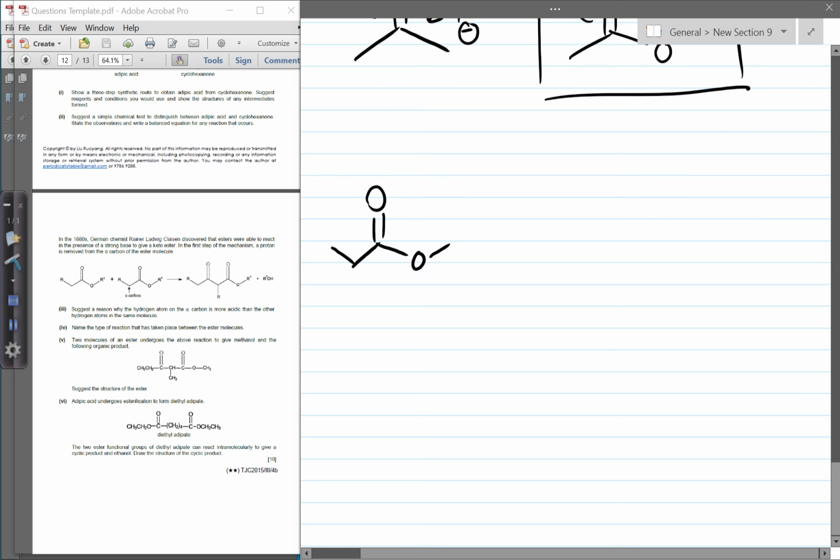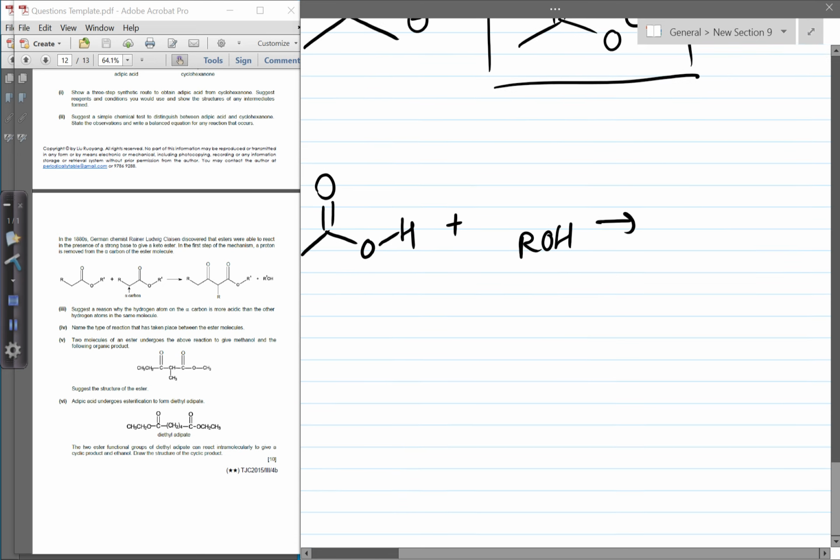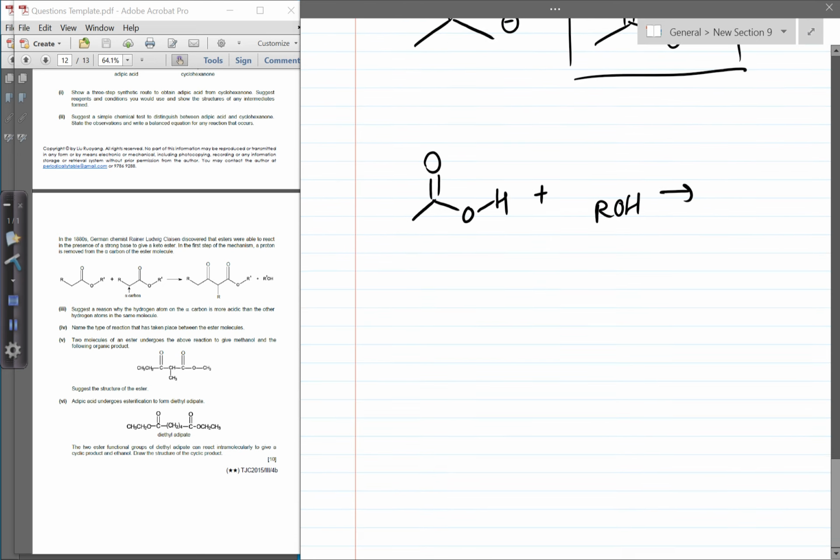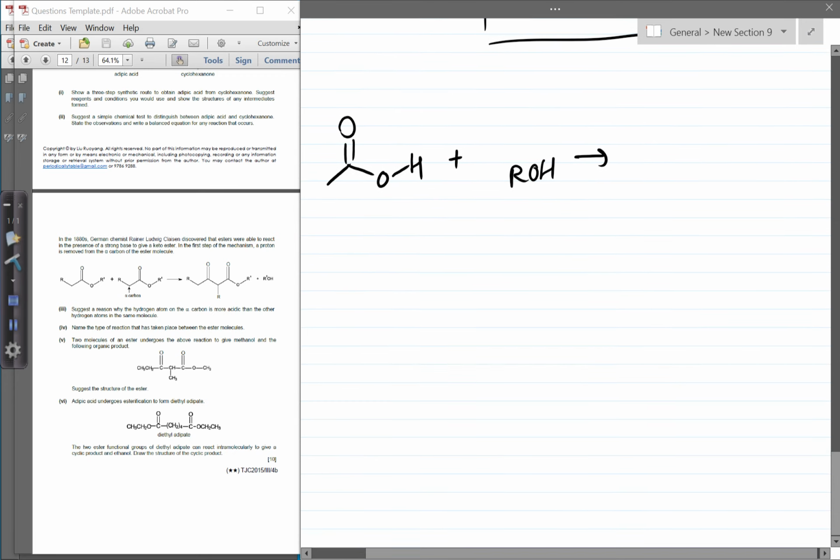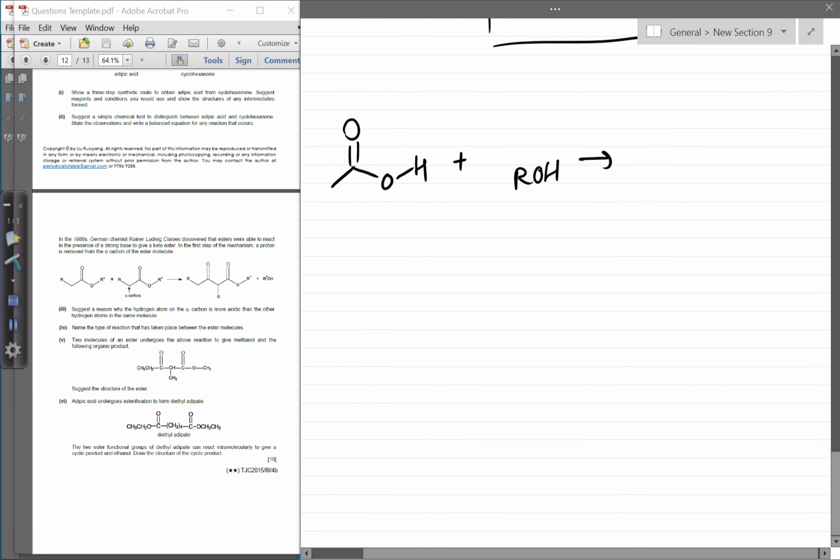Now imagine I give you this reaction, right? This plus this. This is an esterification reaction, right? You know that esterification reactions are also condensation reactions, right? Whereby you have this plus H2O, right? So for this case, it's exactly the same, just that I'm changing this to an ester.